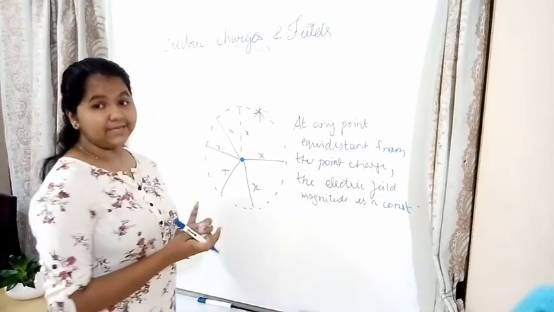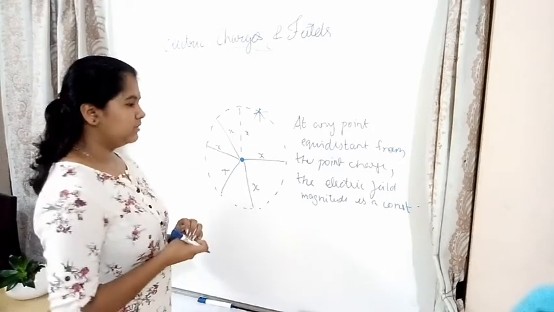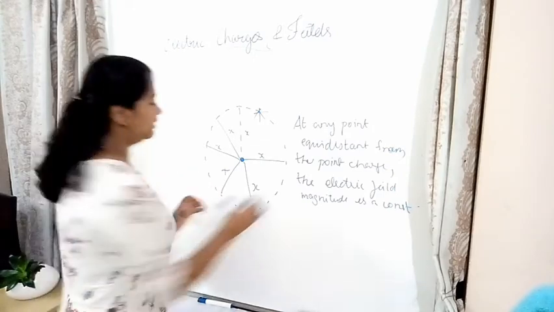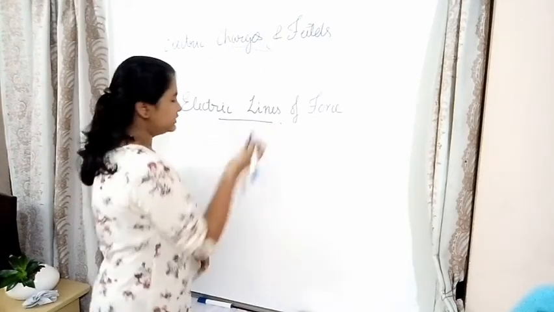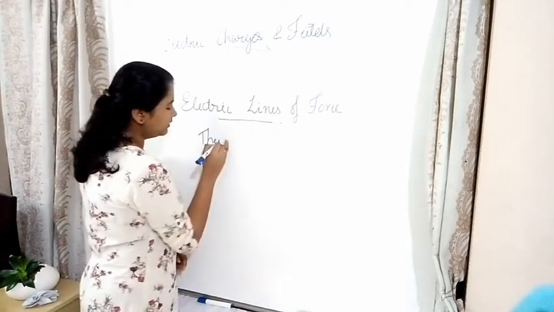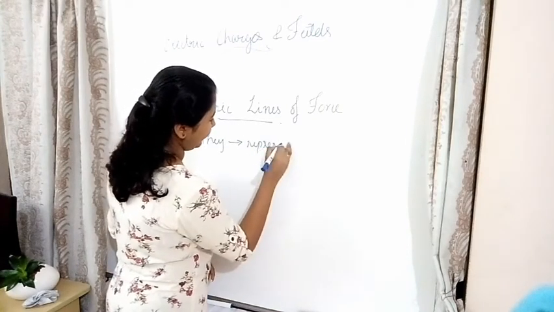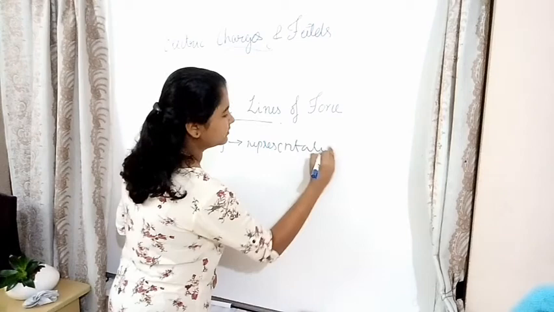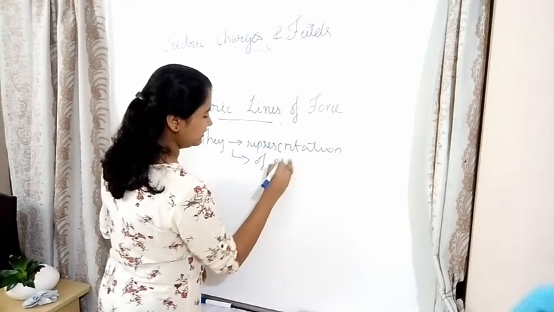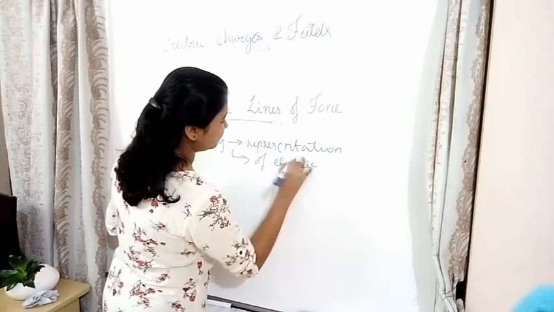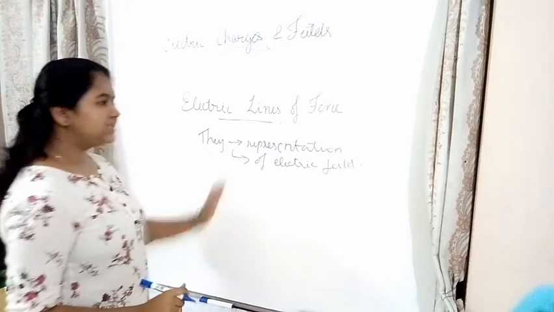Now let's see about the field lines. Field lines are the representations of the electric field of a charge. They have some properties.